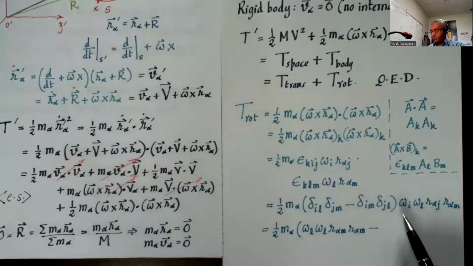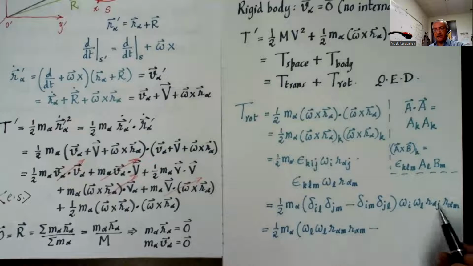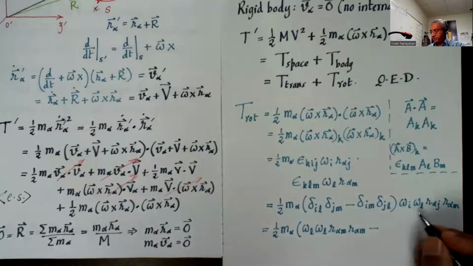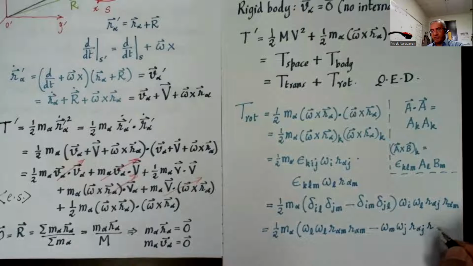What will happen here? The IM will go and make this omega M, and the JL will go and make this omega J. I could make that L also, but I take the lowest hanging fruit, which is the first term that appears. So I have omega M, omega J, R alpha J, R alpha M.